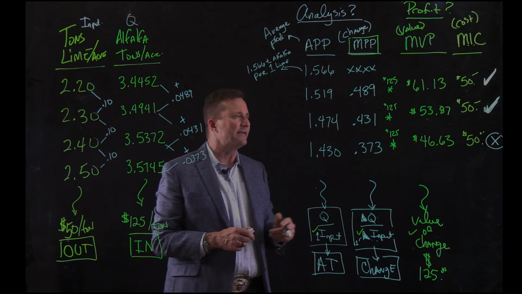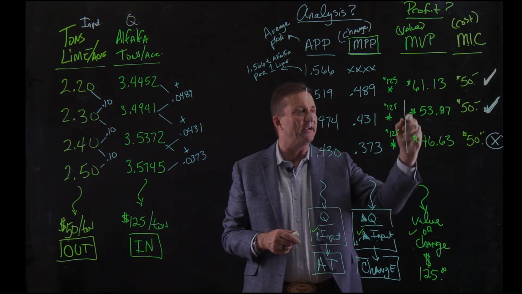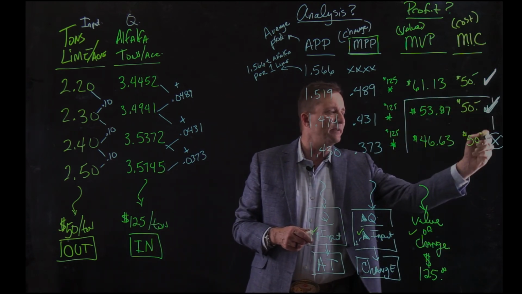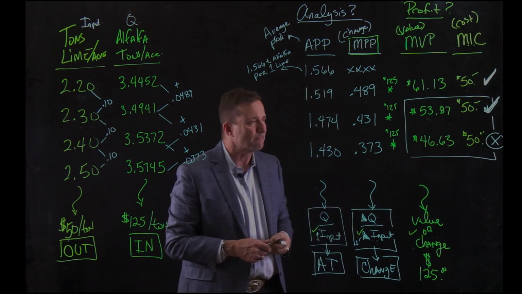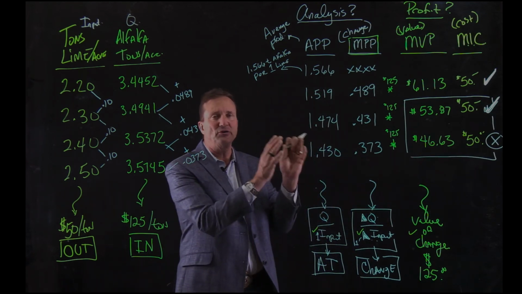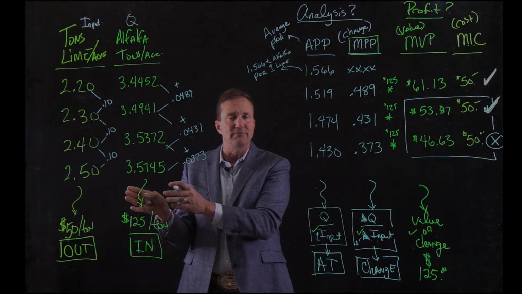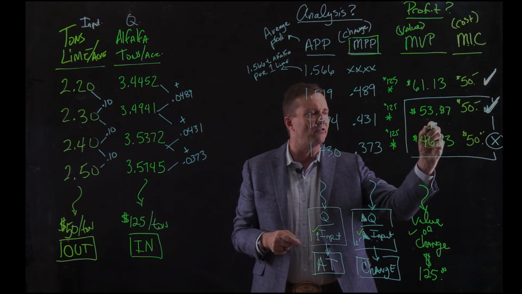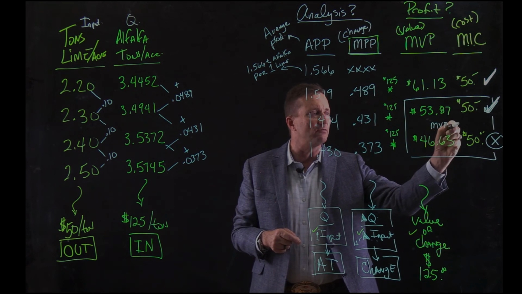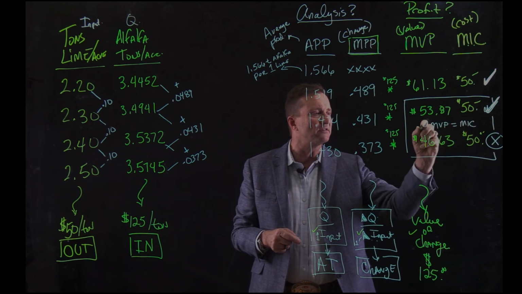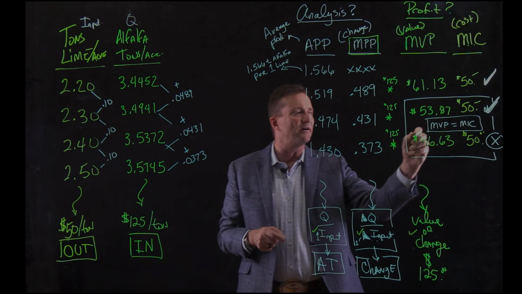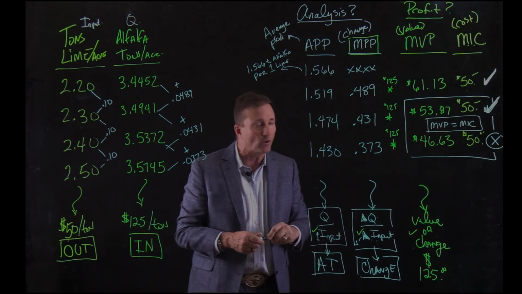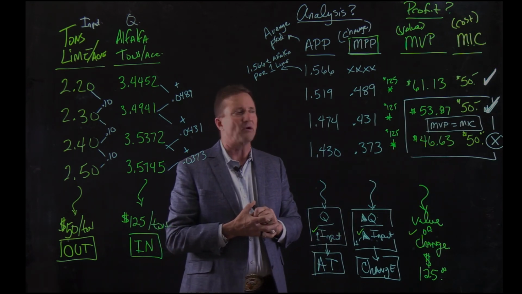Well, your answer is somewhere between here is going to be my best decision, because you are going to use inputs like lime all the way up until your marginal value product equals your marginal input cost. And that is the formula, or that is the equation for maximum profit.